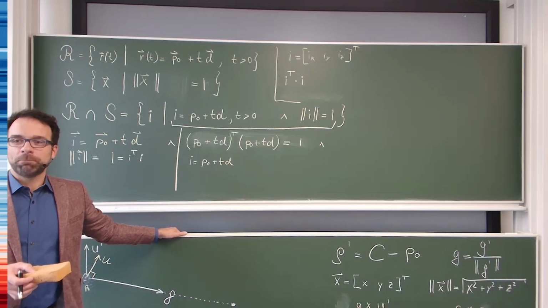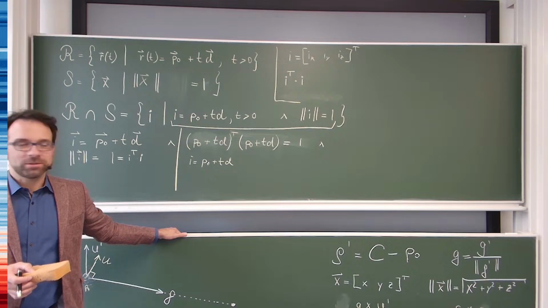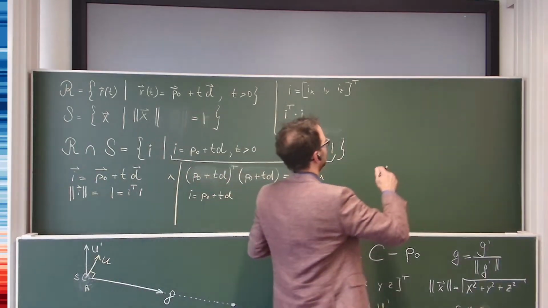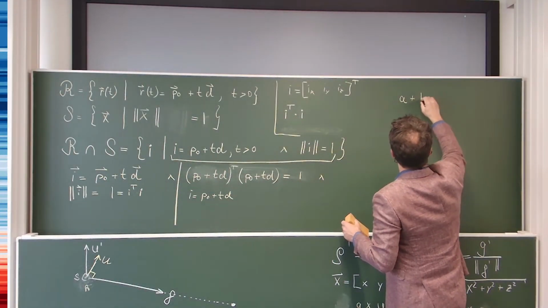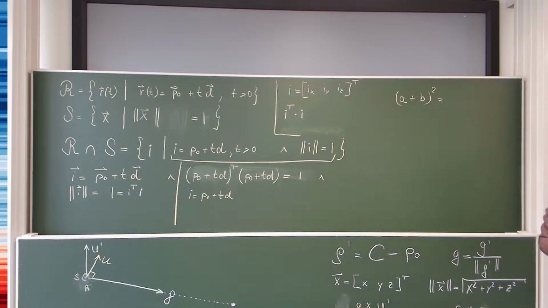And this is a sum squared. Where did you see a sum squared? How to compute a sum squared? Well, maybe you look at school math. I hope you learned about this guy. What is this?